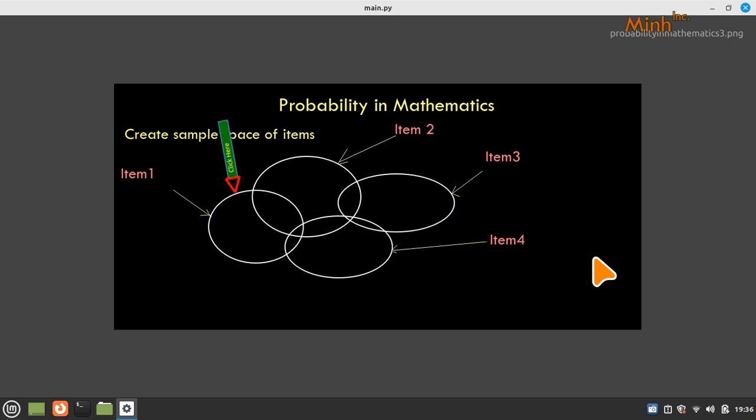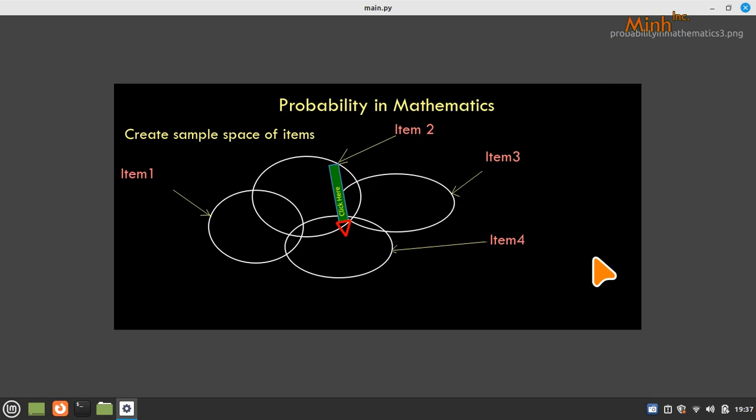So if there are 4 items, these 4 items make the complete problem domain or complete sample. If I add all 4, then it is equal to 1.